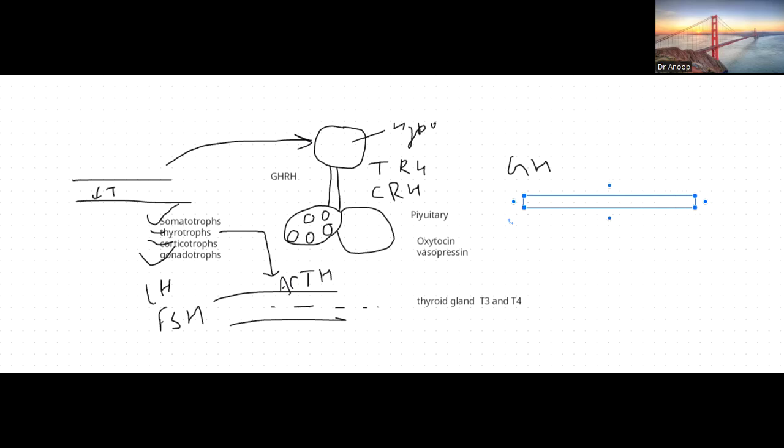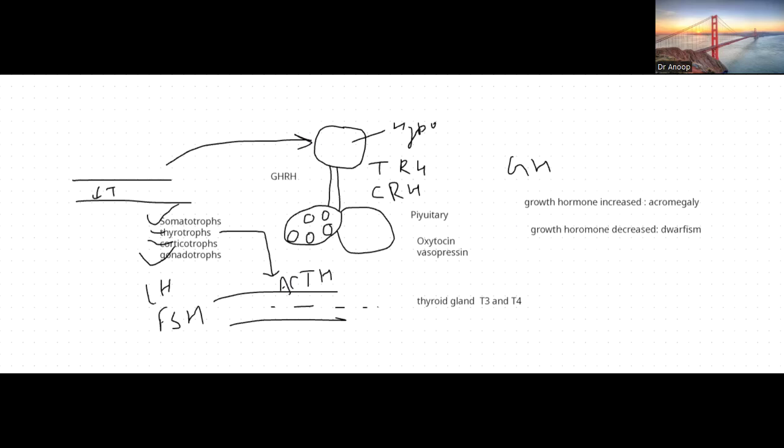And if growth hormone level is decreased from its normal value, we call that dwarfism, right?